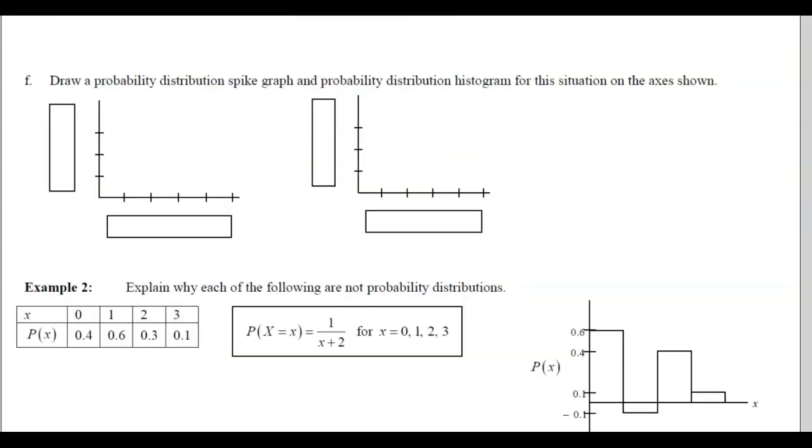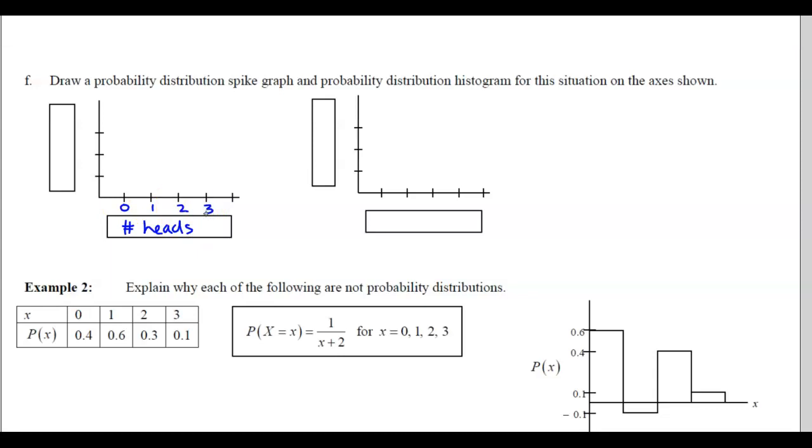Okay, so now for that data, we're going to draw a probability distribution spike graph and a histogram. Label them with your discrete data here. So this is the number of heads: 0, 1, 2, 3.